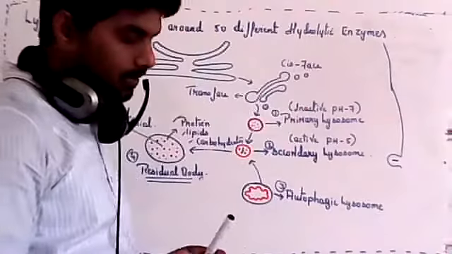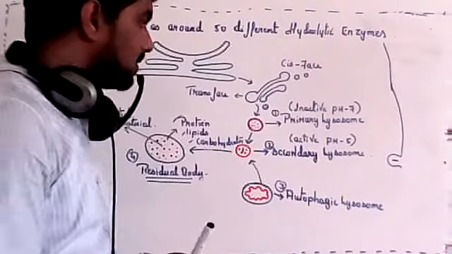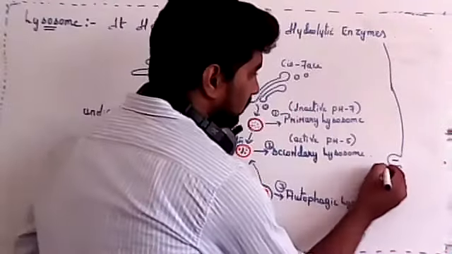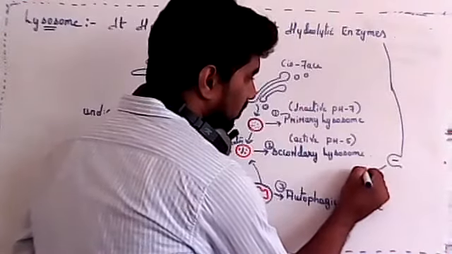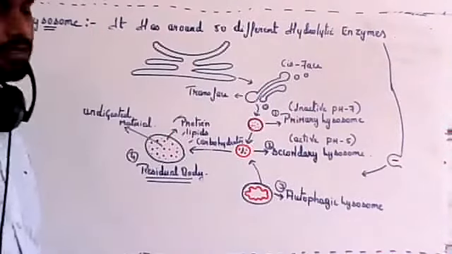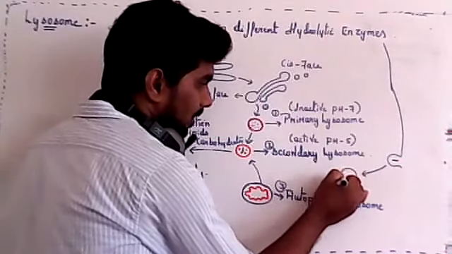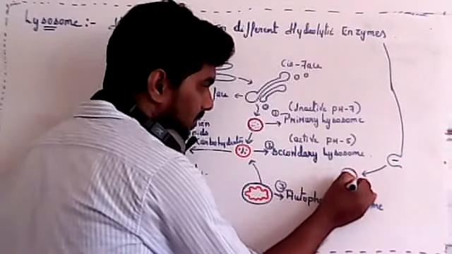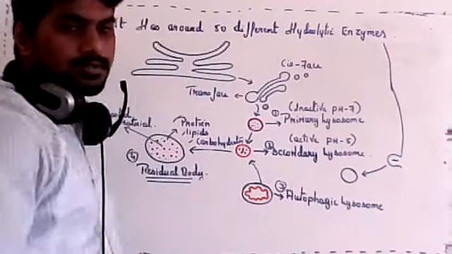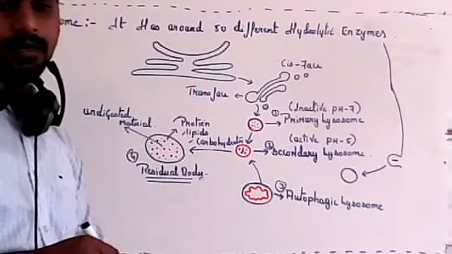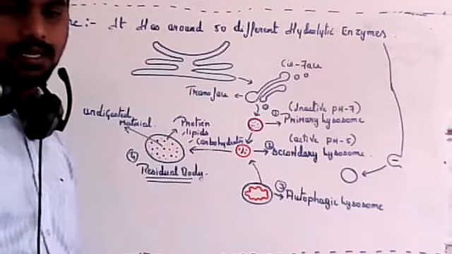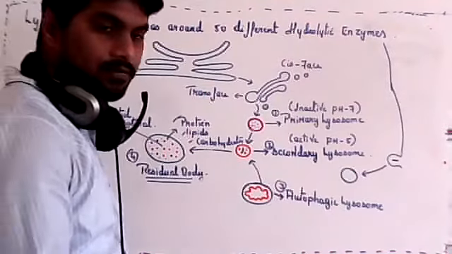For example, let's consider this solid particle as a virus. If it wants to enter inside, they should form a vesicle. Only by the formation of a vesicle can they come inside. So this is how different molecules migrate into the cell, by formation of vesicles.